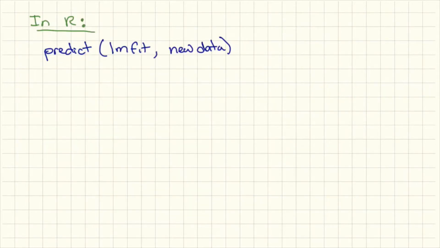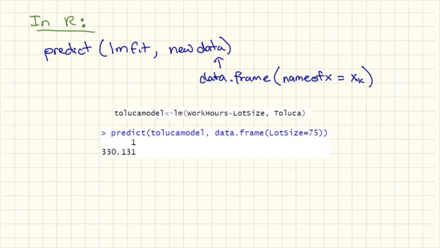In R, if we've done our model in R, we can use the predict function to get that point estimate. lm fit is the name of the model that you fit, and then the new data has to be in a data frame, and you have to use the same variable name for X that you used in your model.